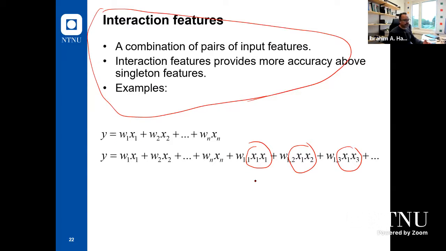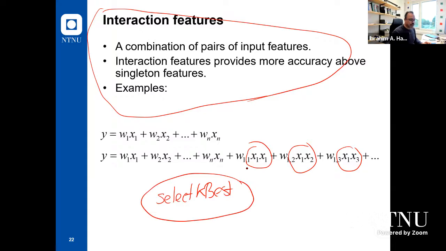You can also propose higher order features. I can say x1 squared, it's higher order anyway. I can just continue adding x2 times x2, x3 times x3, and so on. So we can propose many. And as I told you, we can use a method called select k-best. When we use this approach, we can select the most powerful features from my set.